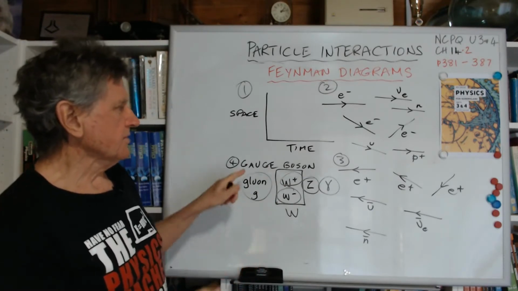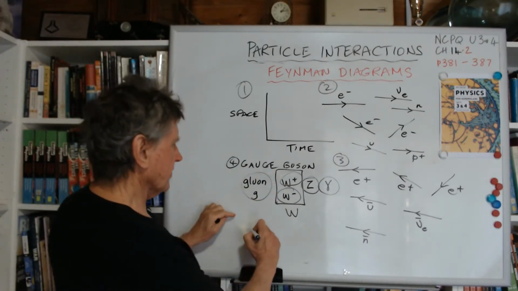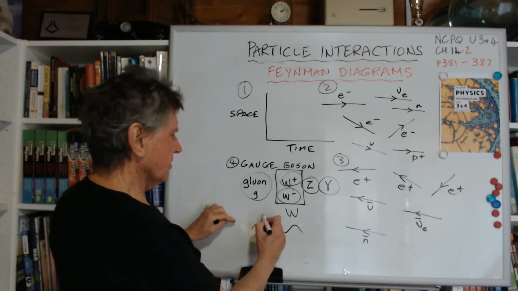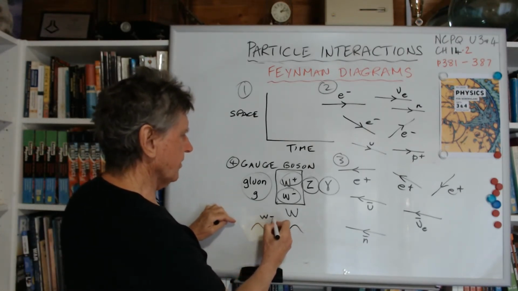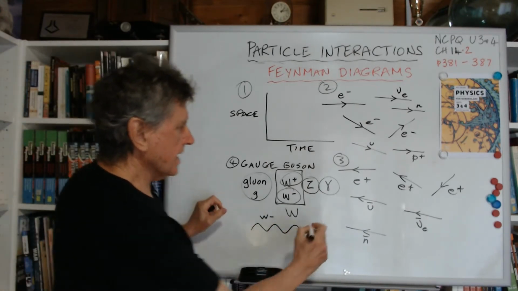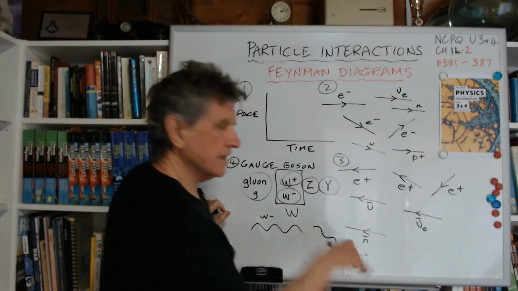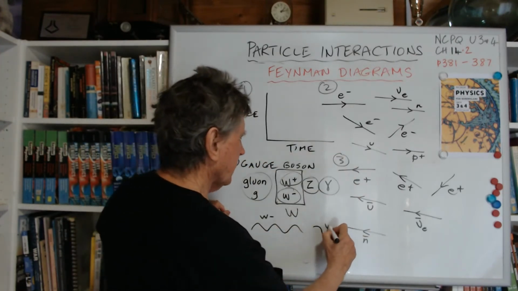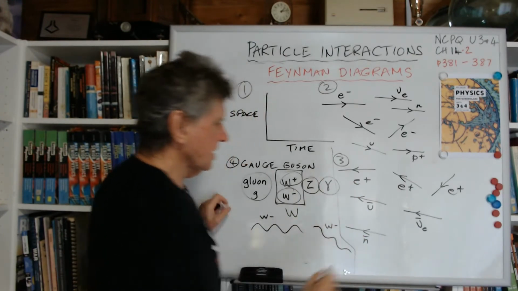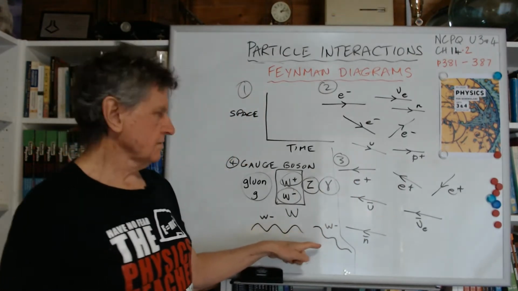So now we represent a gauge boson with a curly line like that. And you might put on it, say you were talking about the W minus boson, it'd be like that. It could also be going at an angle, it doesn't matter. We're not going to put an arrow on these.